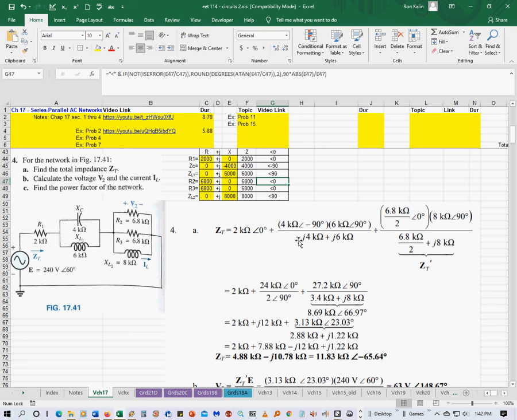The reason they use the rectangular form in the denominator is because they're going to add them together, and the polar form in the numerator because they're going to multiply. But in your calculator, it doesn't matter. You can put them in either way.